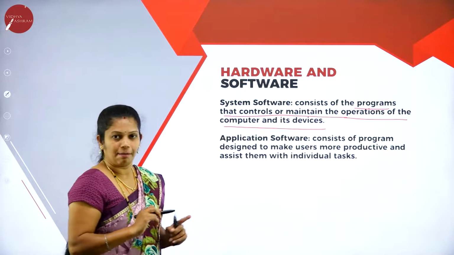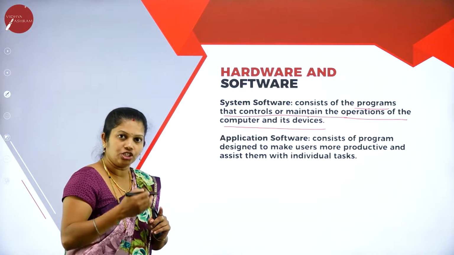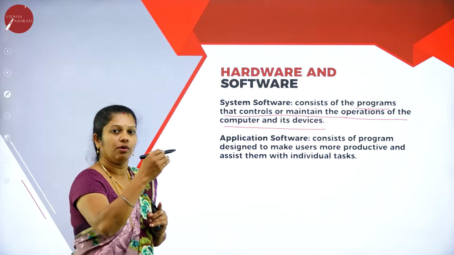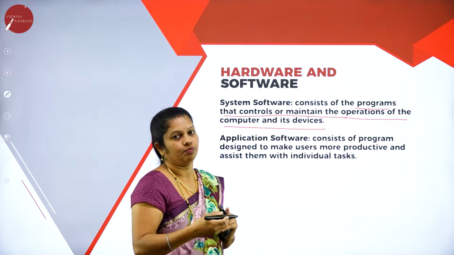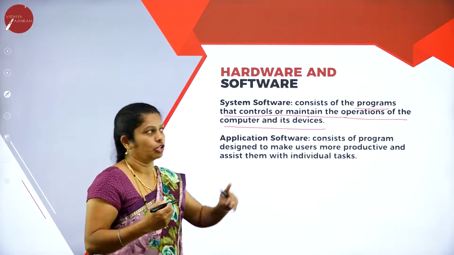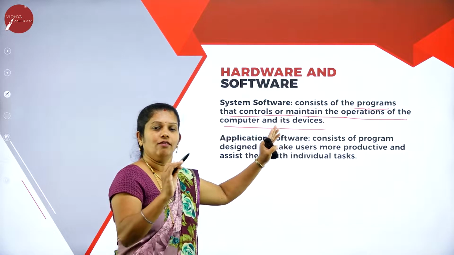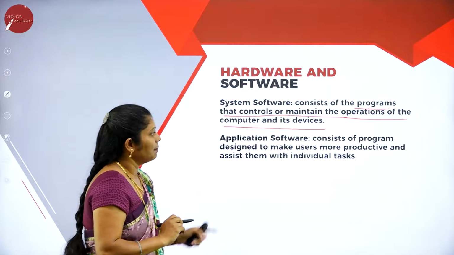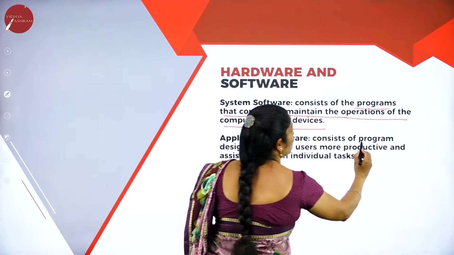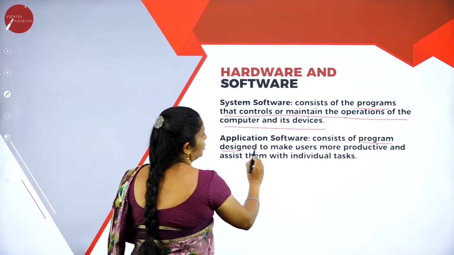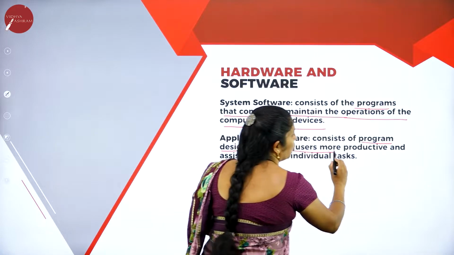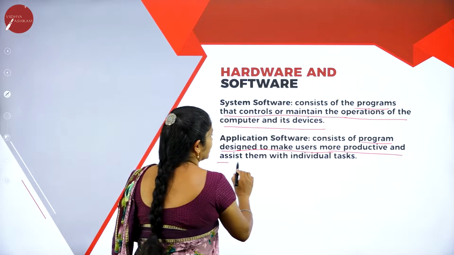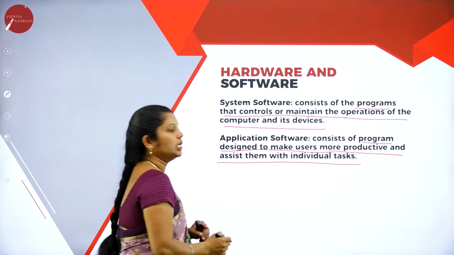Then what do you mean by application software? Application software is also a program. Both system software and application software are programs only, whereas system software maintains and controls the system. Application software consists of programs designed to make users more productive and assist them with individual tasks.